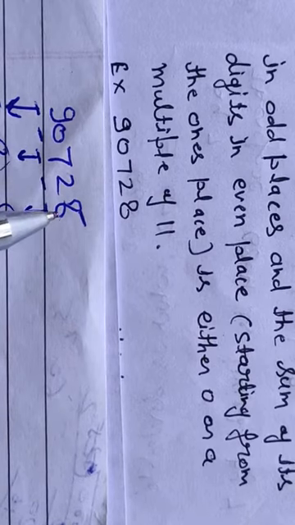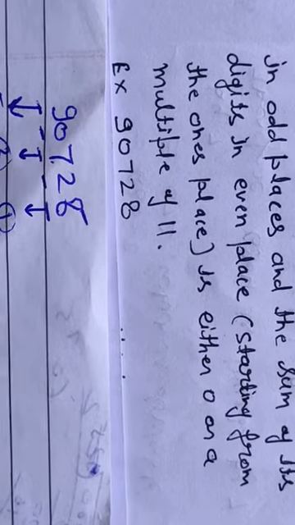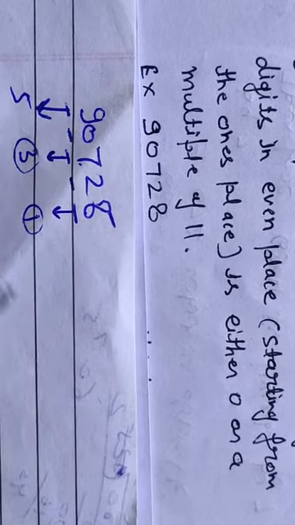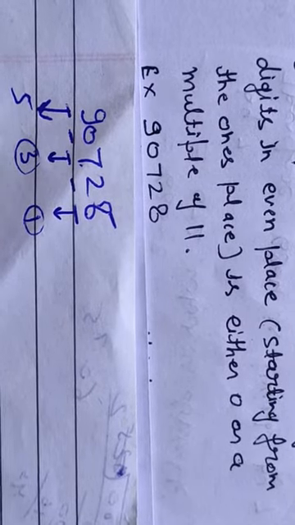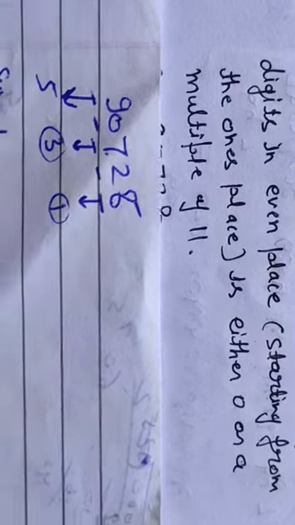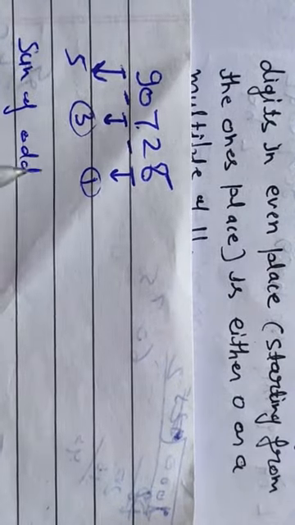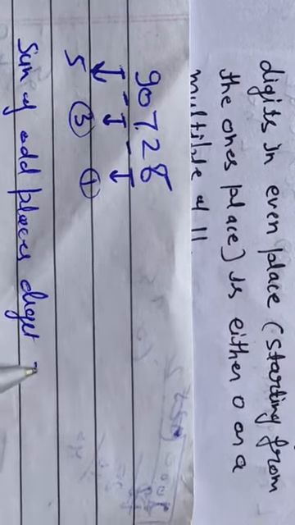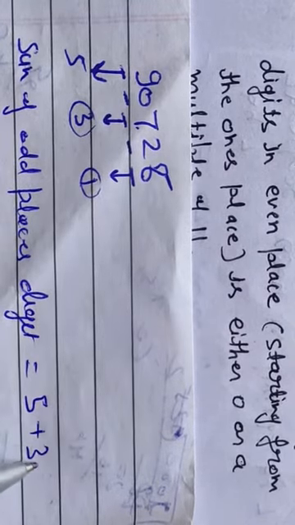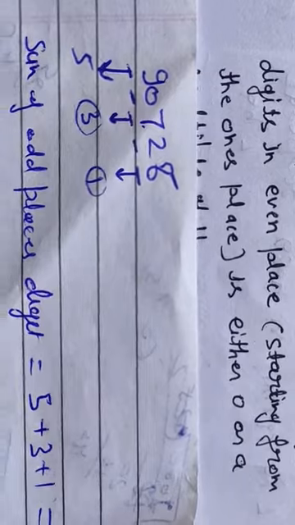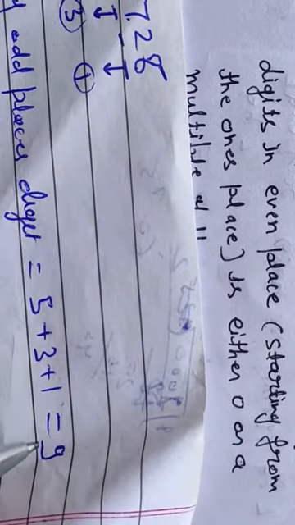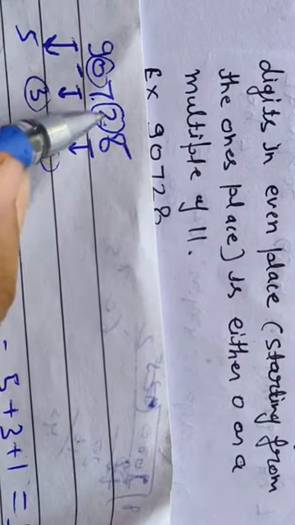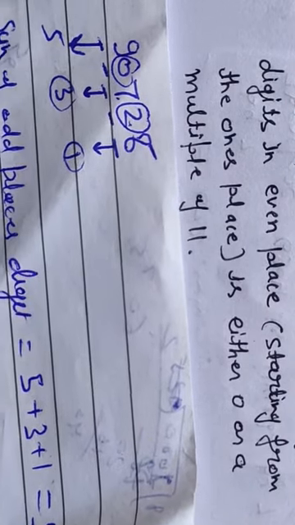Means 8, 7, 9 come in odd places. Whether we find odd or even first does not matter. So find the sum of odd place digits, that is 8 plus 7 plus 9, and the sum is 24. Now we will find the sum of even place digits, that is 2 and 0.